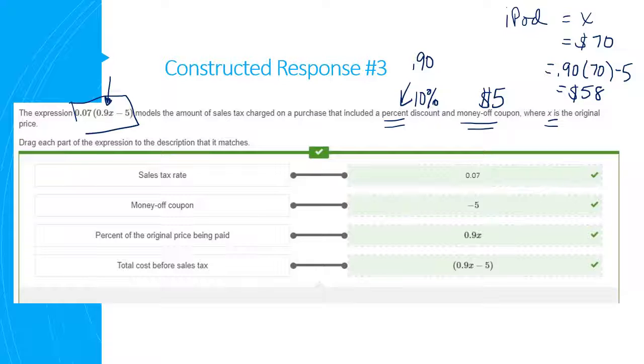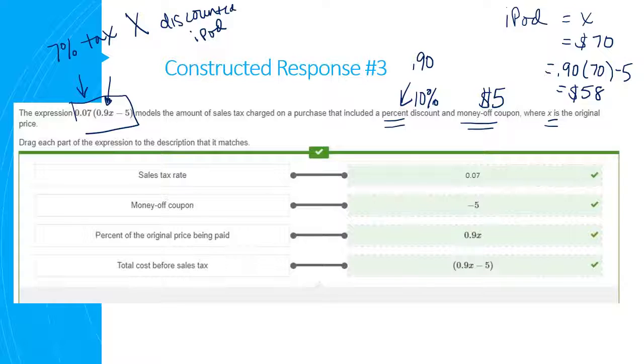Well, I'm going to be charged sales tax. This number out front, that 0.07, means that we have a tax rate of 7%. I'm paying 7% in tax. To figure out the total amount in tax, we multiply that by the cost of the discounted iPod.